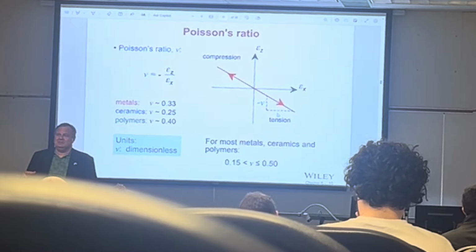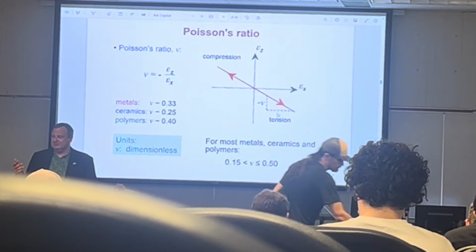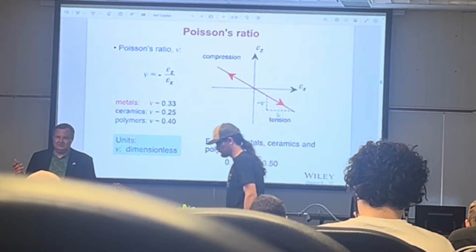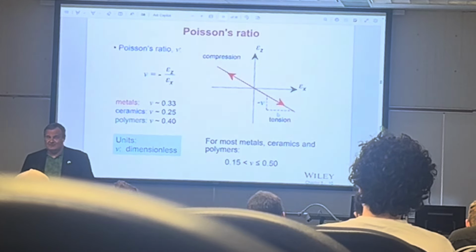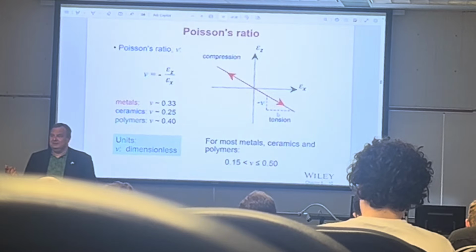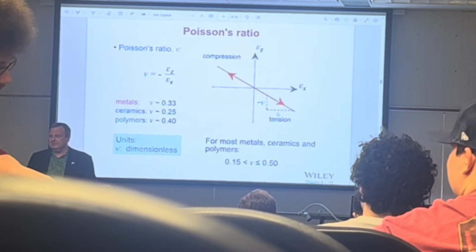And when every material deforms plastically, what is the Poisson's ratio of material that deforms plastically? It goes to the maximum value of 0.5. So even though you have steel that has Poisson's ratio of 0.25 or 0.3, depending on what it is, you can look it up in a table.